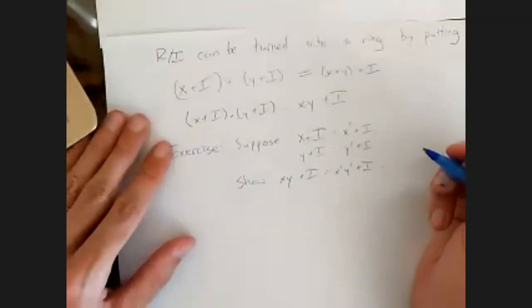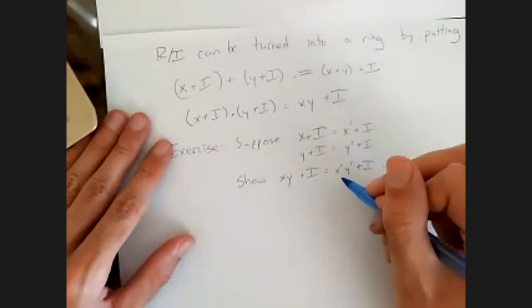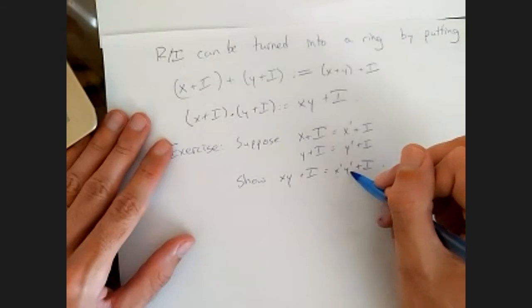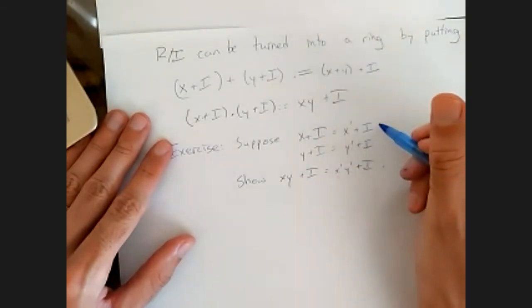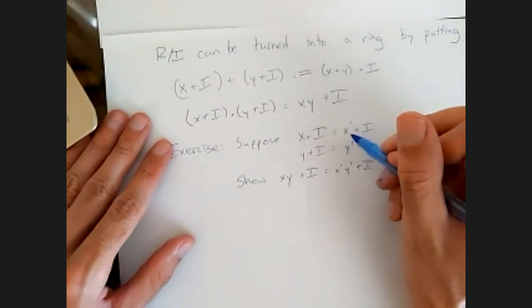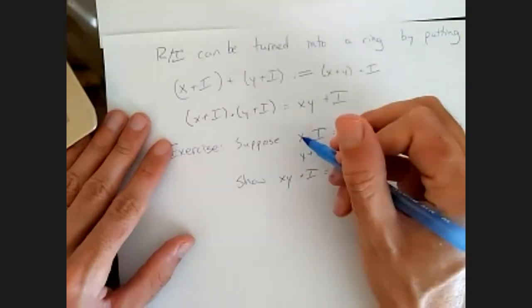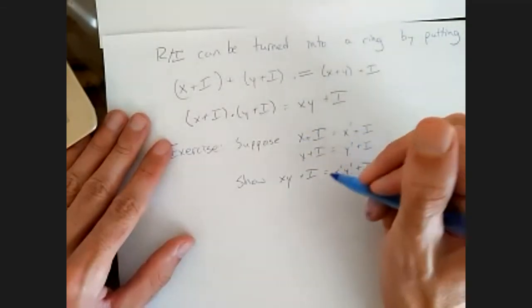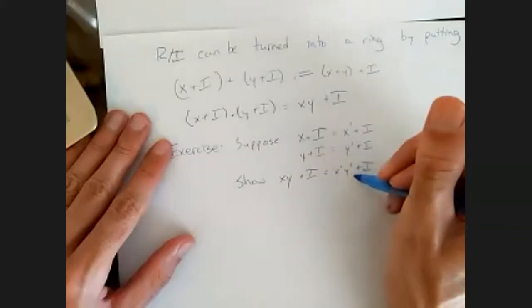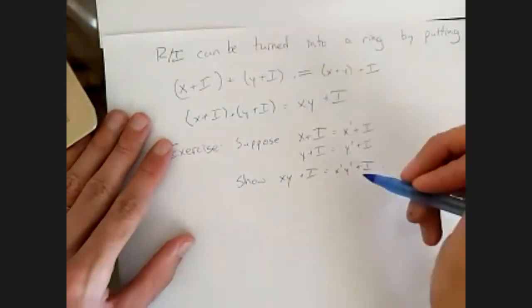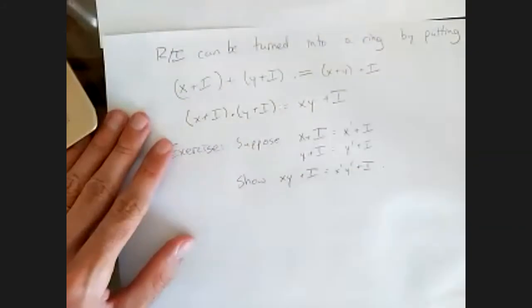Let's show that the coset of xy is the same as the coset of x prime y prime. In other words, if we take two different representatives of each coset, the resulting product is the same coset. So this would mean that multiplication of cosets is well defined.